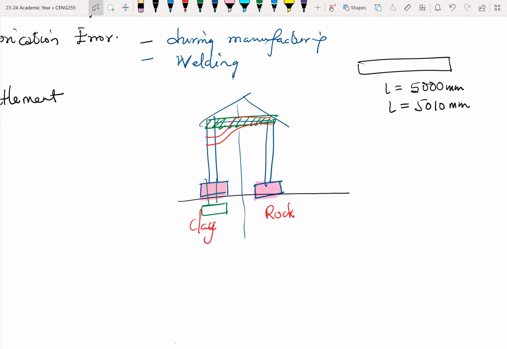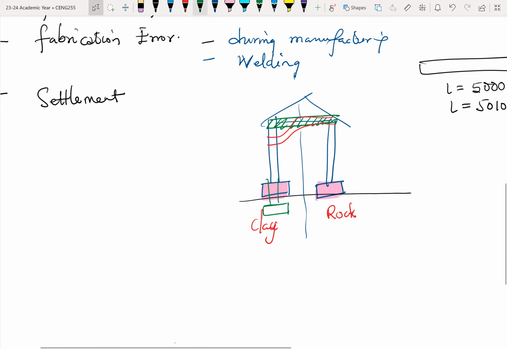So it means that with respect to its initial position, there has been some deflection occurring. Okay. And again, in buildings, we want to avoid this as much as possible, right? It's either you have uniform settlements or you prevent differential settlements, right?